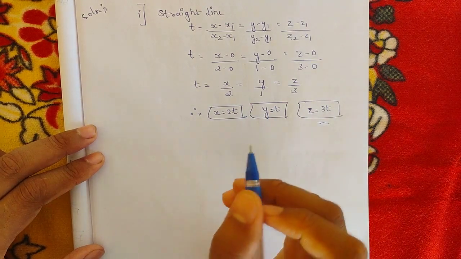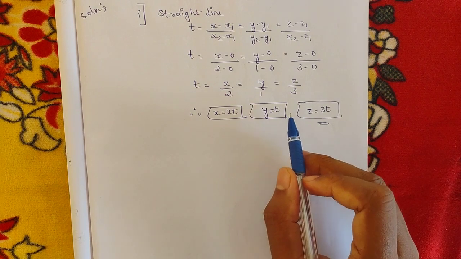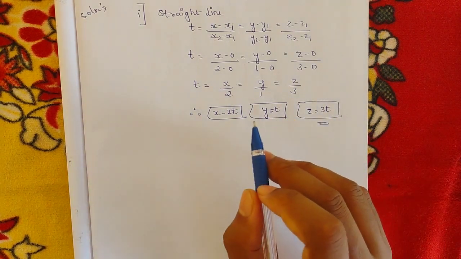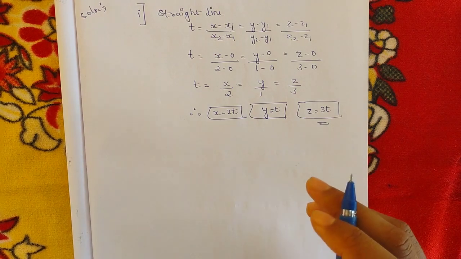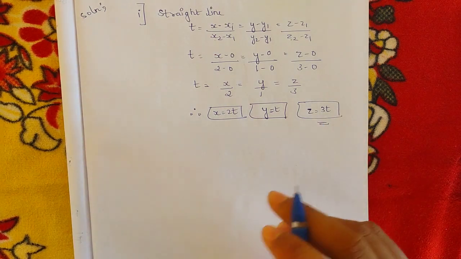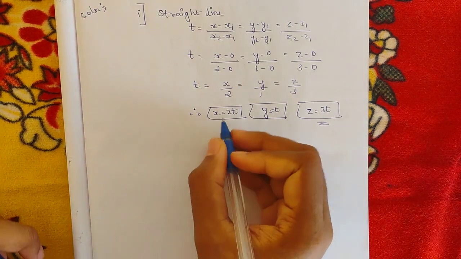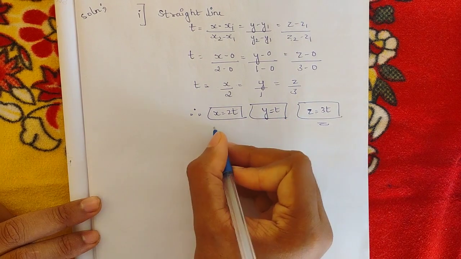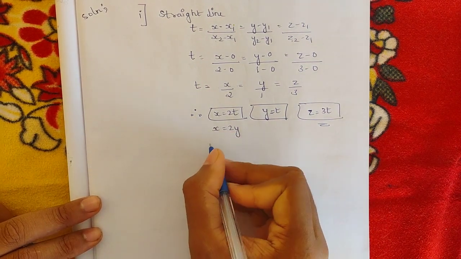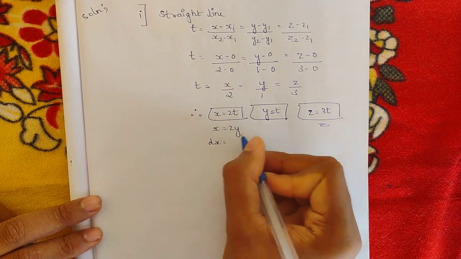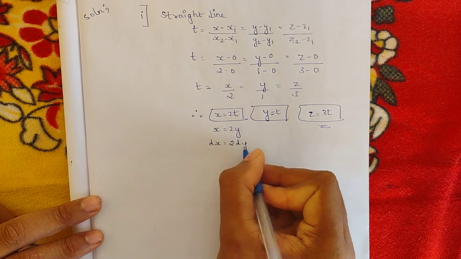Since I have got y is equal to t, in order to solve it using integration, I am just making the whole equation of F dot dr in terms of y, as I have done in the previous problem. So if y is equal to t, here we would be getting x is equal to 2y, and dx, differentiating with respect to y, we would be getting 2 dy.